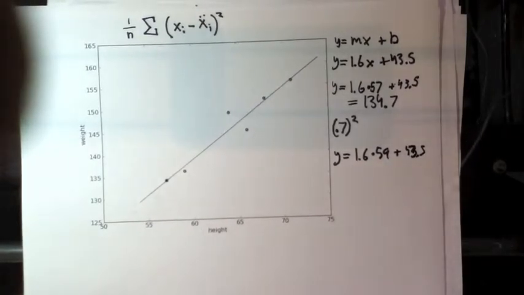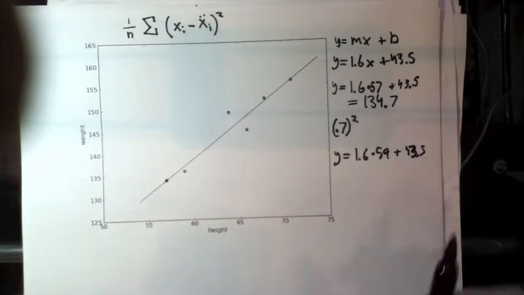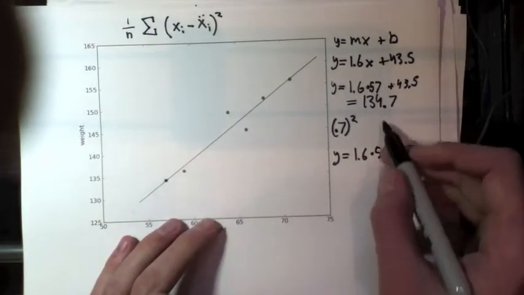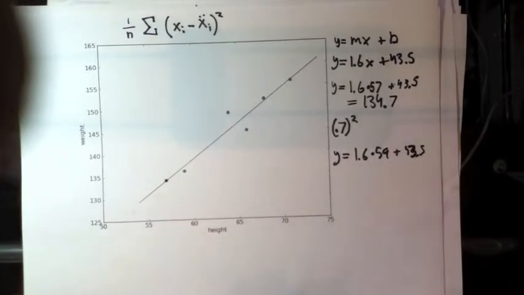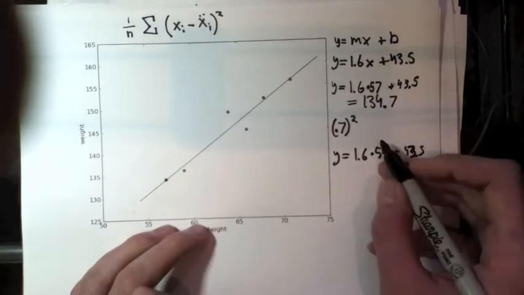So again, 1.6 times 59 is 94.4 plus 43.5 equals 137.9, right? So 137.9 is the predicted value for this one.